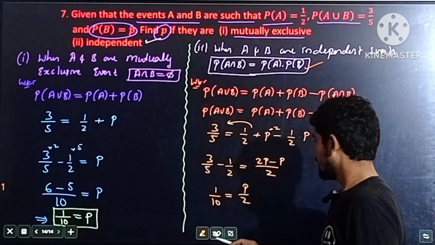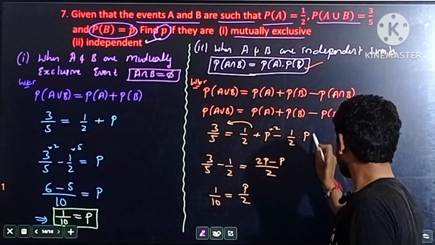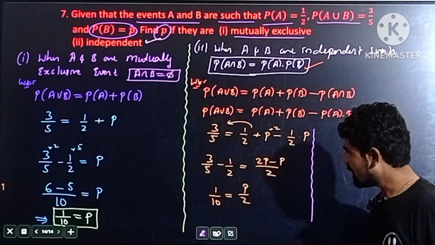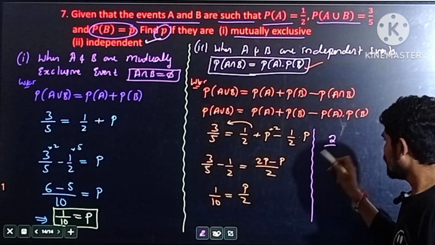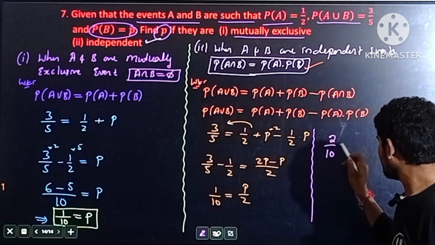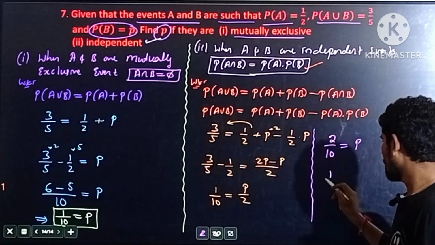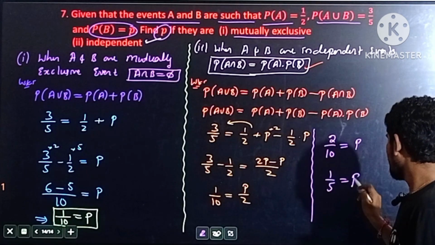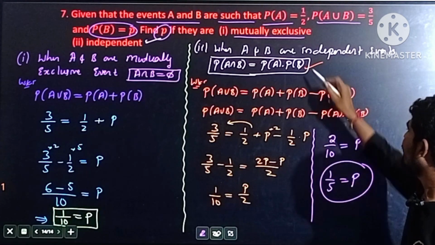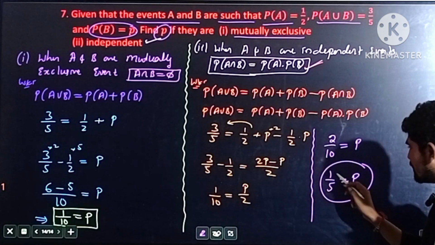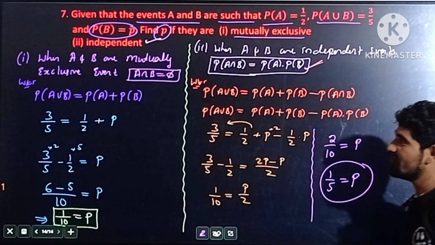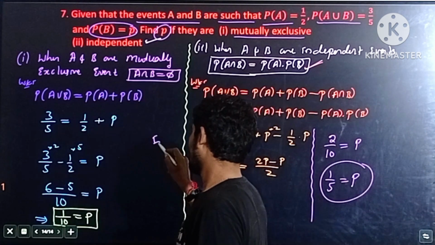Therefore, by cross multiplication, the required value of P is 2 by 10. So 2 ones are 2, 2 fives are 10. Therefore the required value of P when A and B are independent events is 1 by 5. I hope all of you understood. This is an important question.